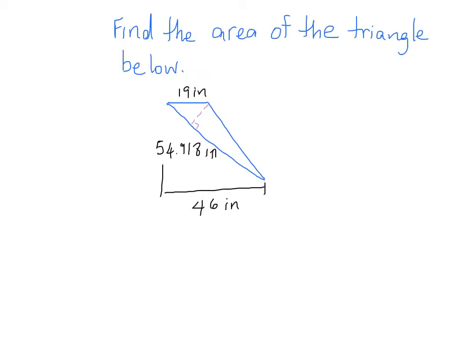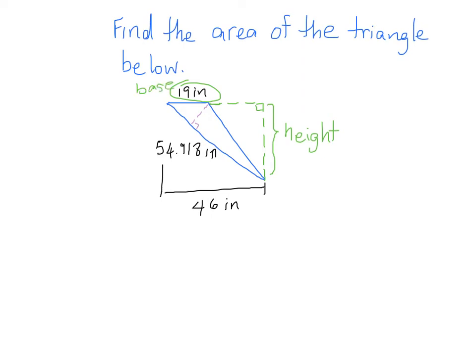Our other option is to make, and I'll make this green, from the other vertex, we can drop a height, and it is totally okay that this height is outside the triangle. So we're completing a right triangle, and this line here is our height if that 19 is our base.